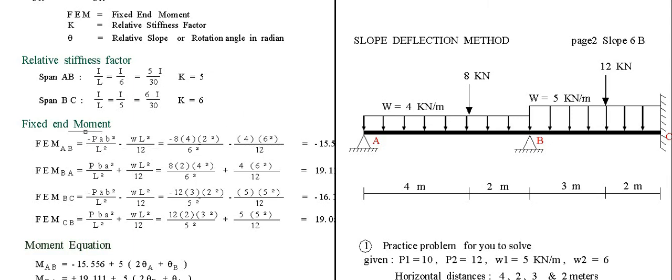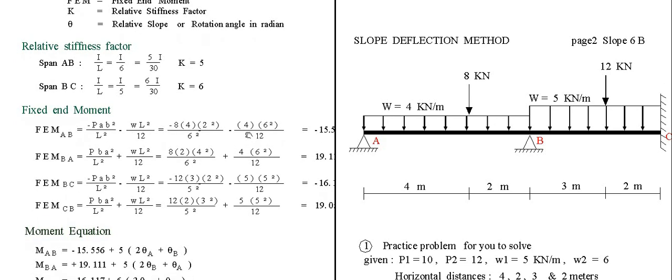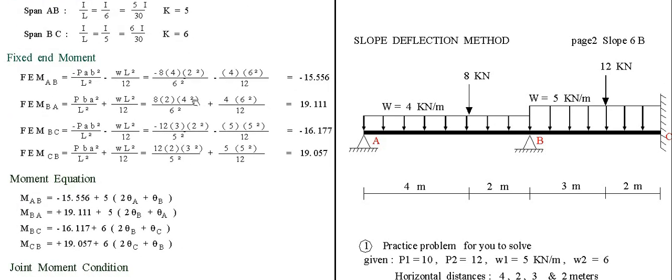Okay, next, the fixed end moment. For the fixed end moment AB, we have the formula for a concentrated load, P A B square over L square. I will explain to you how to get this later. Then for a uniform load, W L square over 12. Then we substitute.